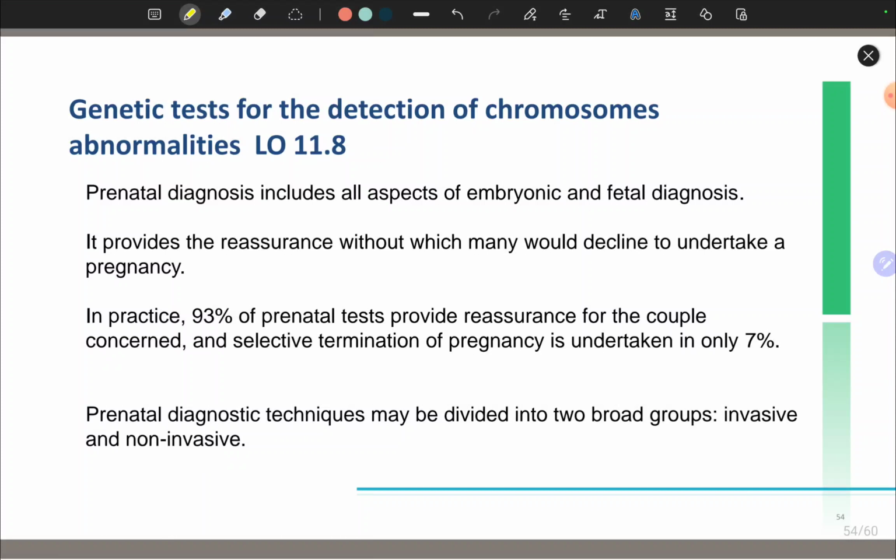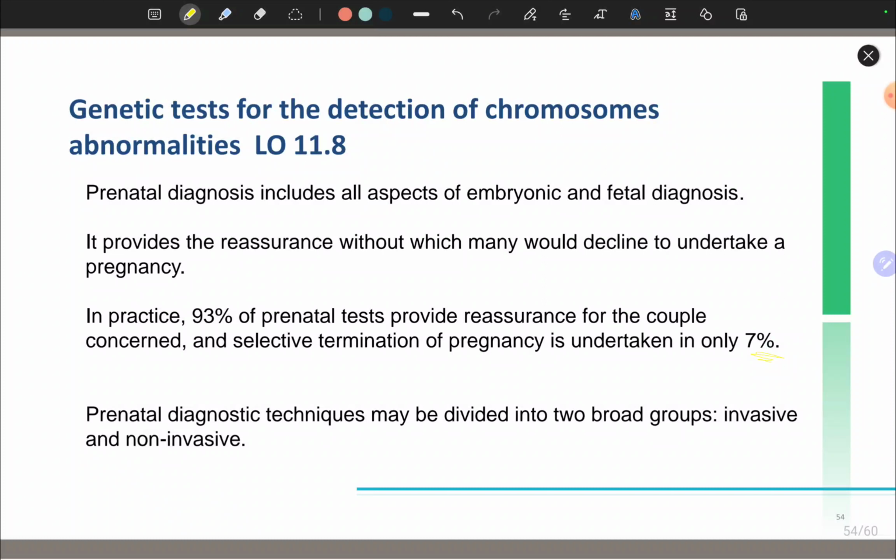In practice, 93% of prenatal tests provide assurance for the couple, and selective termination of pregnancy is taken only in 7%.